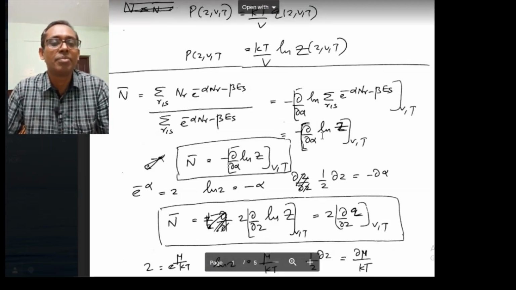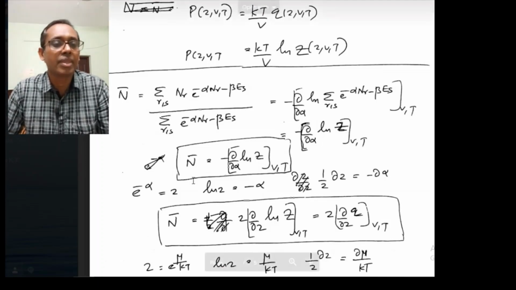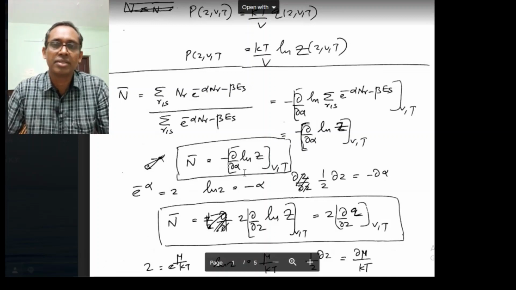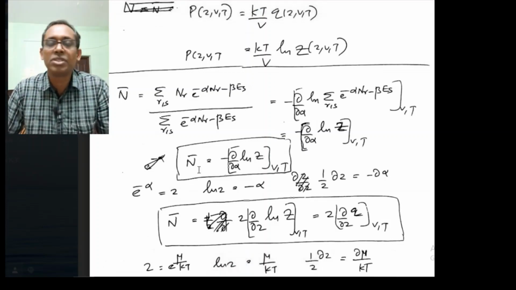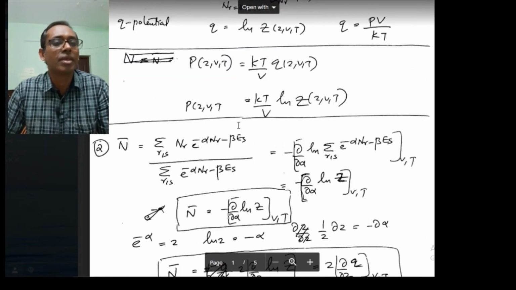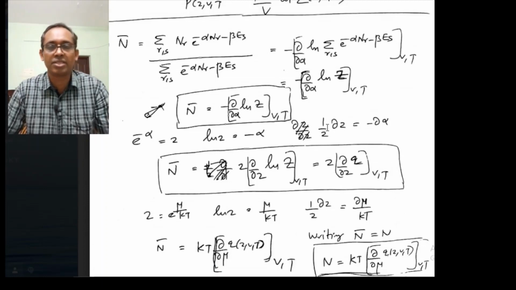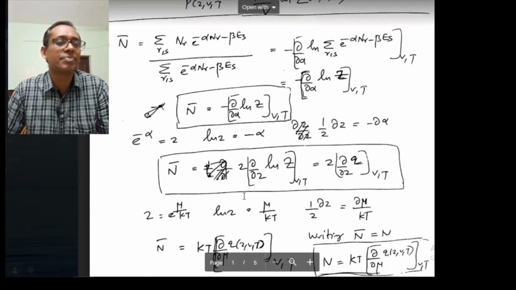Anyway, this will be minus dou by dou alpha of log z. So we can write the average number of particles is minus dou by dou alpha of log z, or minus dou by dou alpha of Q. Log z is Q, the Q potential. So minus dou by dou alpha of Q when volume and temperature are fixed.